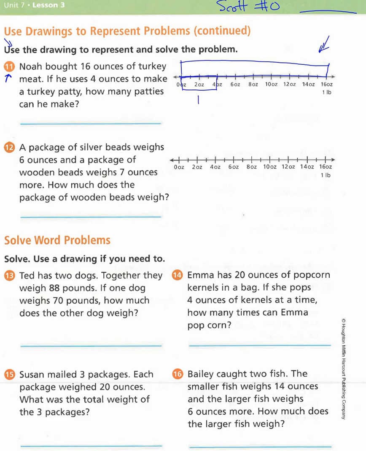That's 1 patty, right? How many more times could he do that? How many more groups of 4 could he do that? So go ahead and use this drawing and write an equation here. And so pause the video, go ahead and finish that up, and then when you're ready, we'll go on.